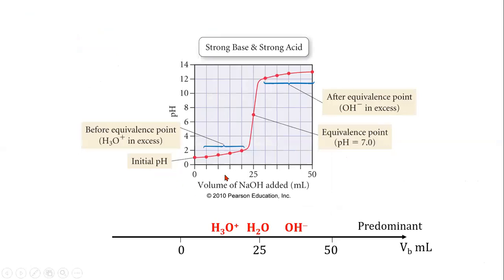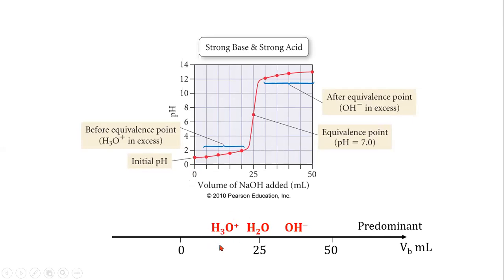Let's look at now if I wanted to do an actual calculation of the pH. Well, there are mainly three regions. The first region is my initial pH value, and the initial pH is whatever I have in my beaker or in my flask.